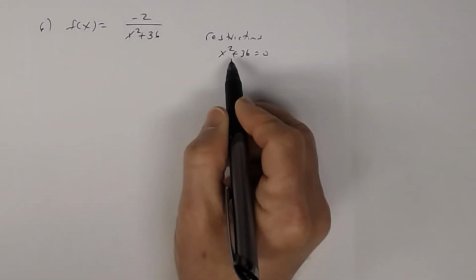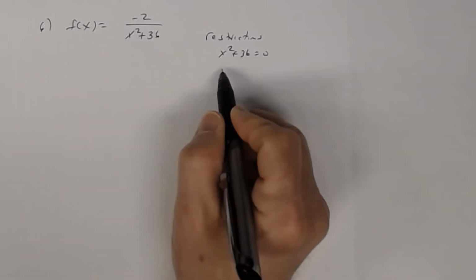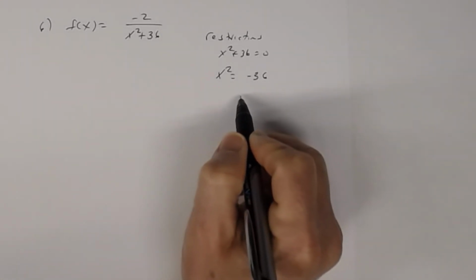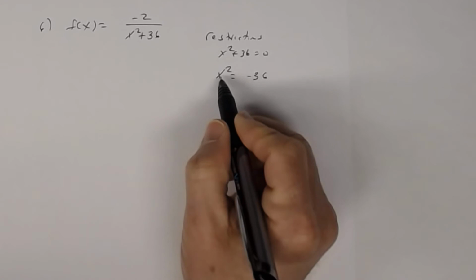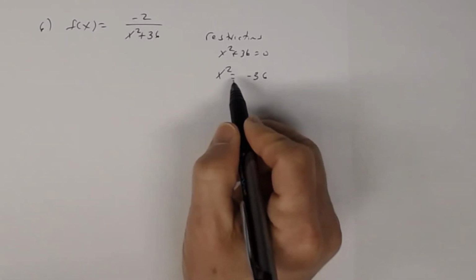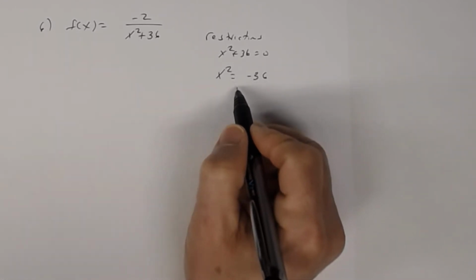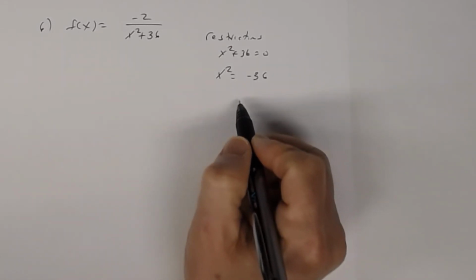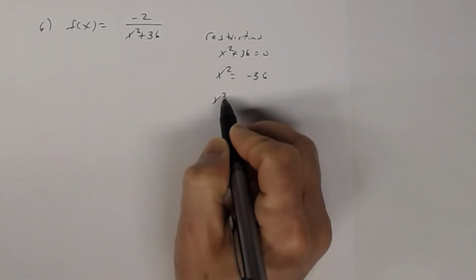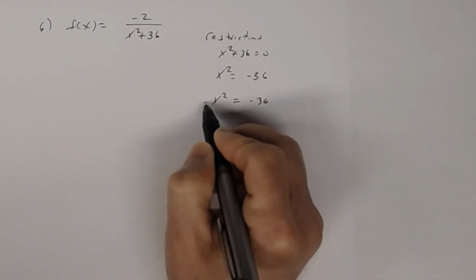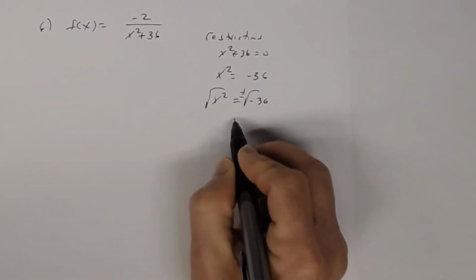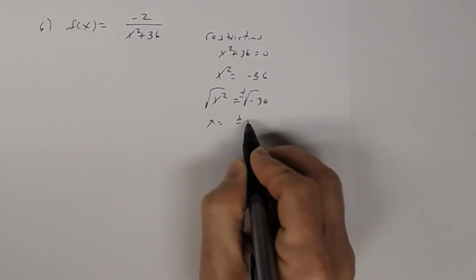You notice I can't factor this, and some of you may say, well, can I get x squared by itself? Yeah, you can. So x squared equals negative 36. Then you could ask yourself, what real number times itself is negative 36? There isn't any. If you take the square root of both sides, you get an imaginary number, so x equals plus or minus 6i.